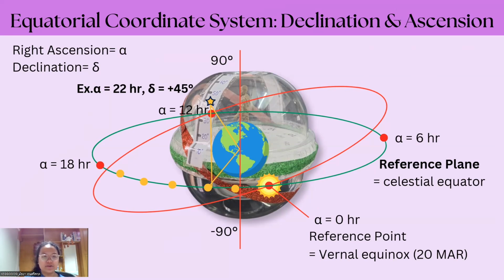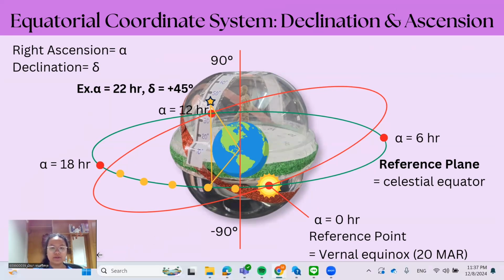The declination is a variable used to tell the position on the vertical side. It starts from 90 degrees to minus 90 degrees.